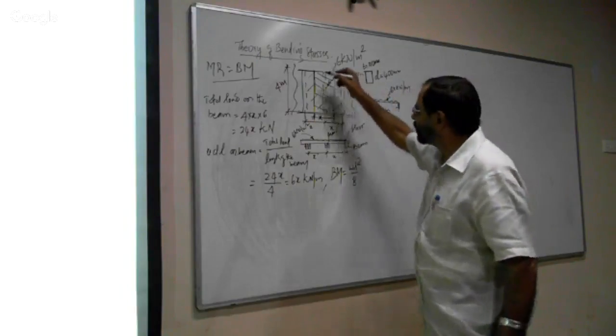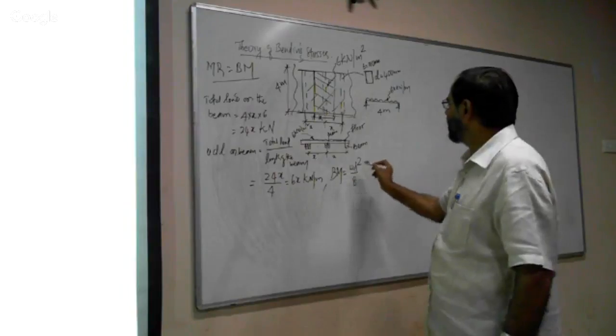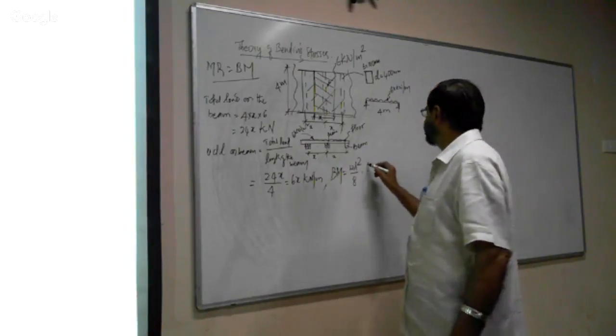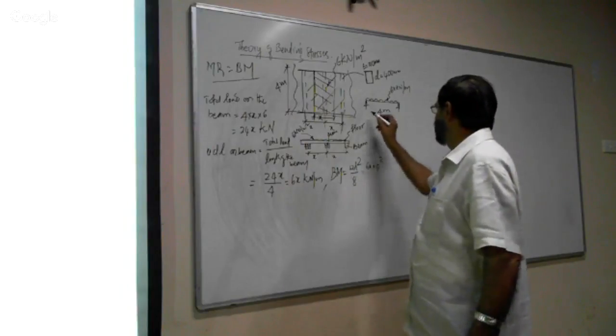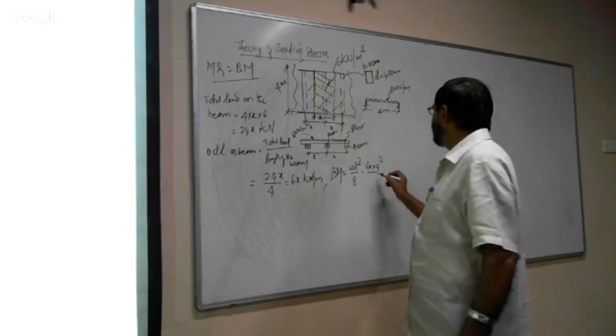So we have converted the floor load into UDL. Now the bending moment is equal to WL square by 8. W is 6x, into 4 square, where length 4 is the span of the beam, divided by 8.